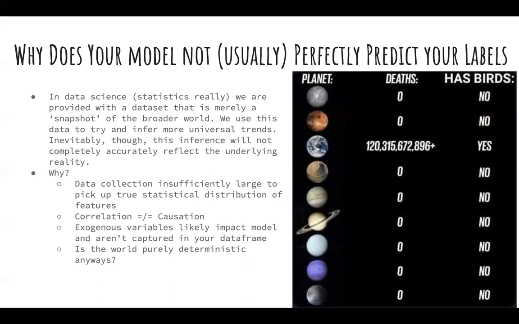There's another important thing to note here, which is the fact that we are collecting a certain number of features, right? We're collecting features that we think are relevant, but we're also somewhat limited. We can only collect certain features. There are features that we just can't collect. We just don't have the ability to do it. Or maybe we have the ability, but we don't realize that some of those features are relevant.